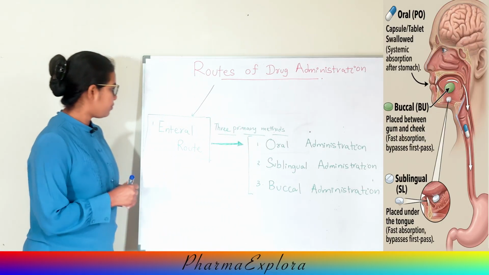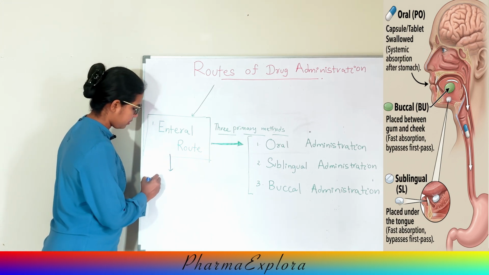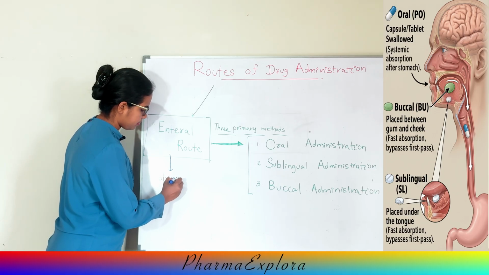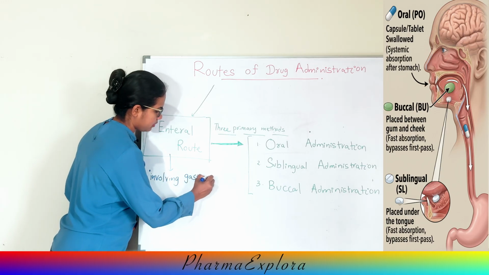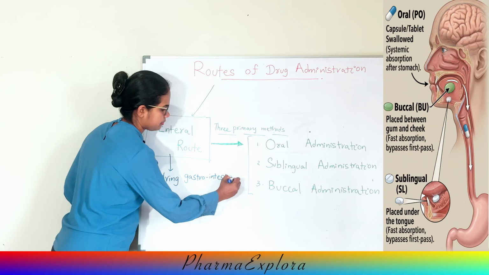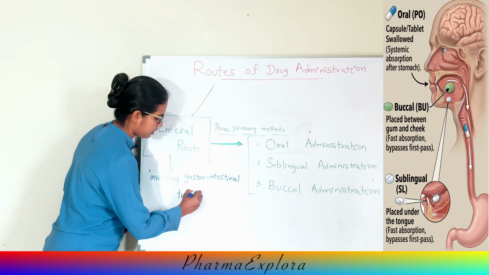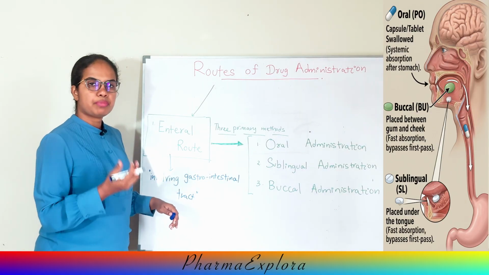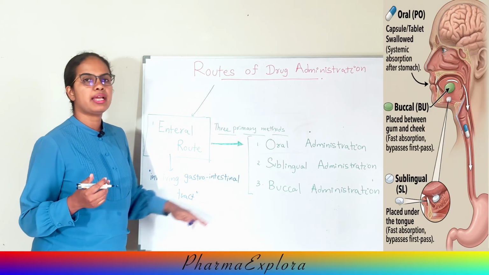So we define the enteral route as involving the gastrointestinal tract. Then we divided taking the pill by mouth into three methods: oral, sublingual, and buccal administration.